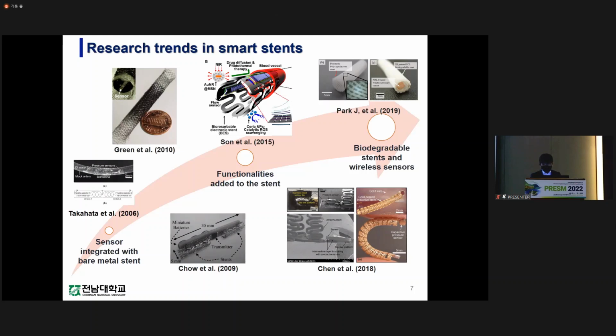In addition, it is difficult to control the biodegradability of stents and sensors made using magnesium alloy. Focusing on blood pressure measurement, the proposed stent adheres the pressure sensor to the stent by micro-welding.